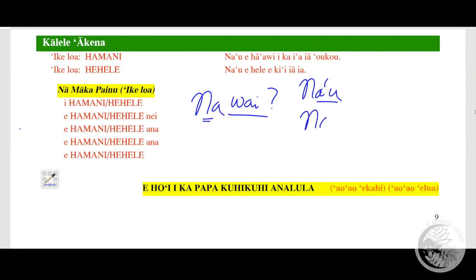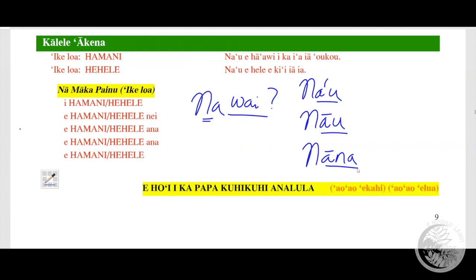Nāwai. I might respond, nāu. It is you. You will, or you have your responsibility. And the last, nāwai, and I might say, nāna. It is he, it is her. That person has the responsibility, nāna.